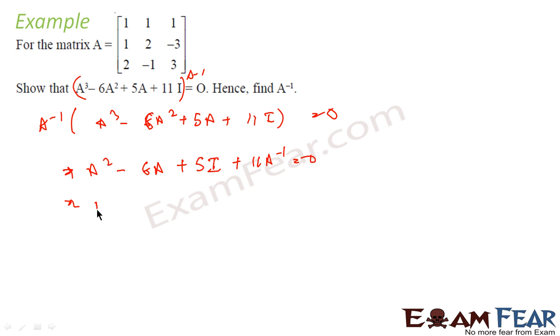Or I get A inverse as nothing but minus 1 by 11 into A square minus 6A plus 5I. We put the values of A square, 6A and 5I, add them and get the answer.